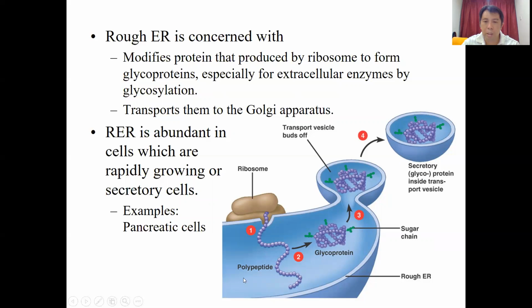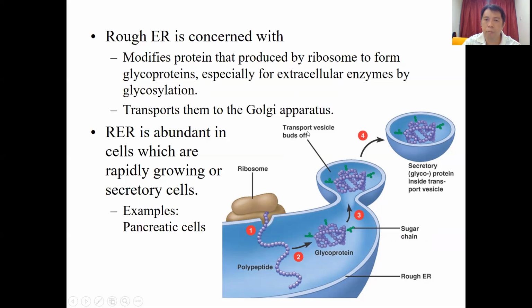This is a cisterna, the lumen. The polypeptides that form are inserted into the lumen of the rough ER. Then glycosylation occurs, in which they form glycoproteins. After that, they fold into a three-dimensional structure. Then they will bud off.